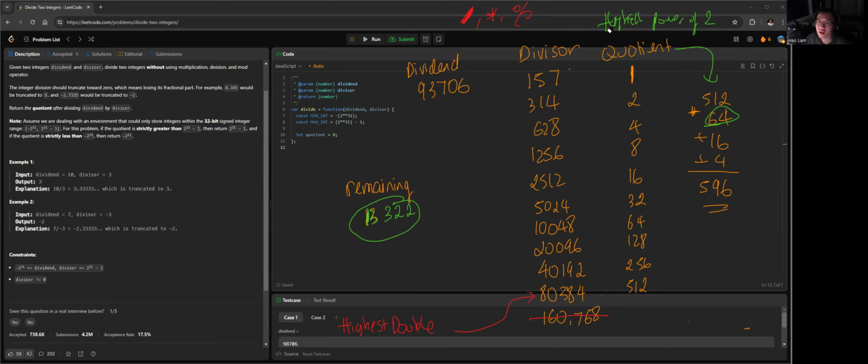Another thing is that remember we are not allowed to use divide. So how can we divide a number, the highest double, in half? The answer is that we can shift right by 1 bit. For example, 8 in binary is 1000.